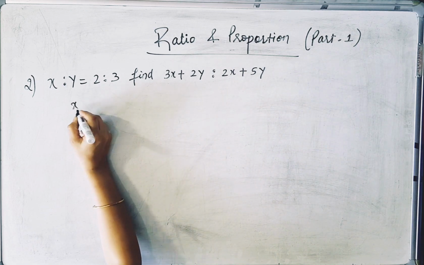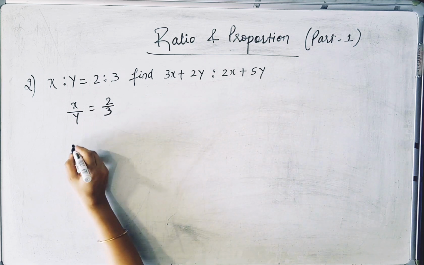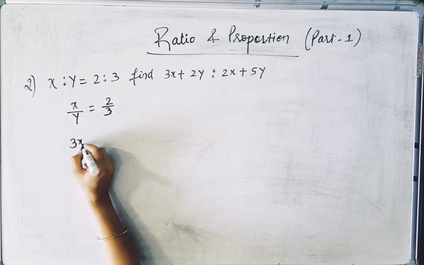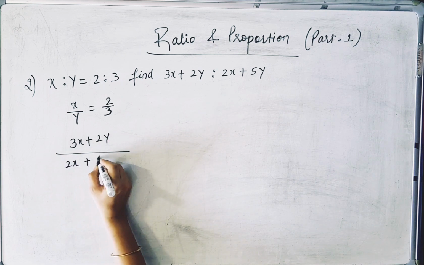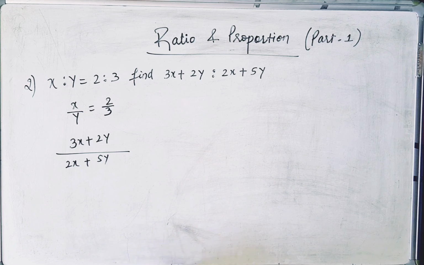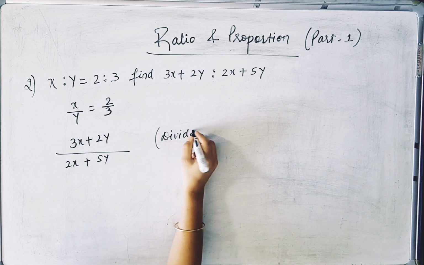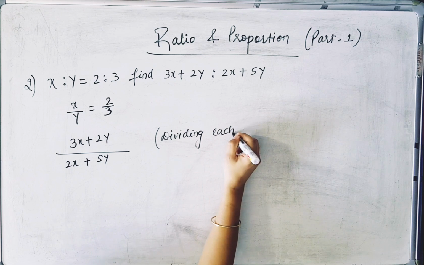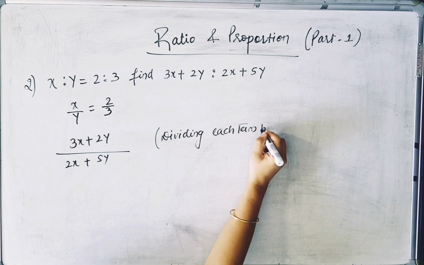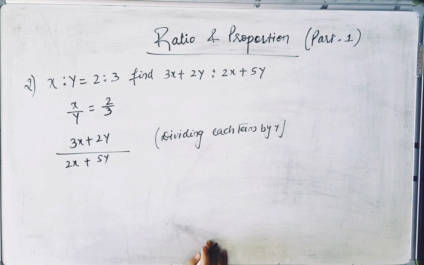So what we'll do here: x by y is 2 by 3. Now the expression given in the question, we'll write it as 3x plus 2y upon 2x plus 5y. So now we'll divide each term by y, or by x also we can do, no problem in that.